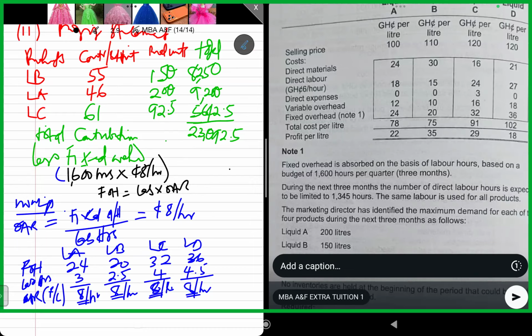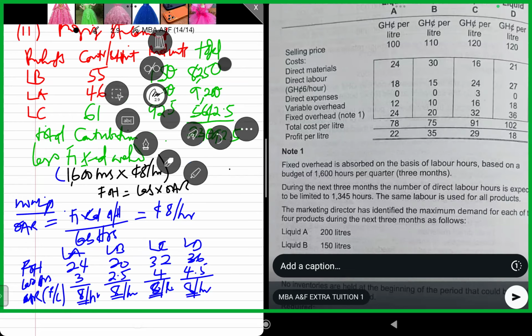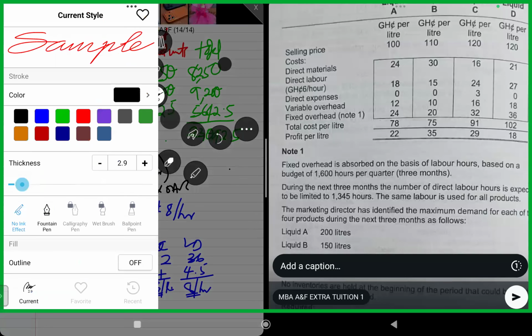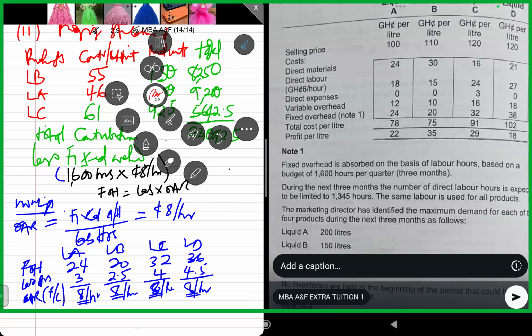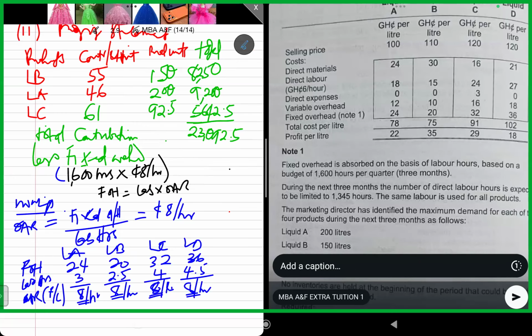So what's the total? No, it's 12,800. Remember, we have to subtract the fixed cost from the contribution, because contribution is like profit and you have a cost.